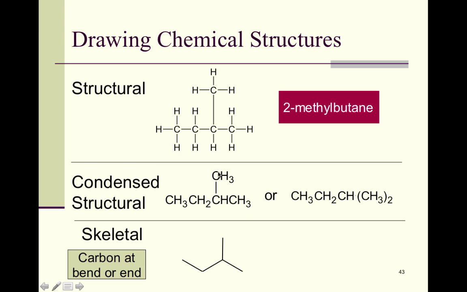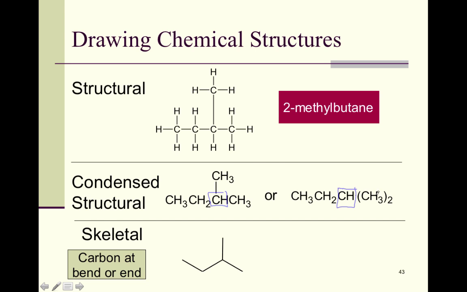Do you see how I have this carbon here? Let me highlight that one for you. This carbon here has 2 CH3 groups on it. That's the same as this carbon right here. So sometimes they'll make it even more condensed, and because this carbon has 2 CH3 groups, do you see how they put in parentheses 2 CH3 groups?